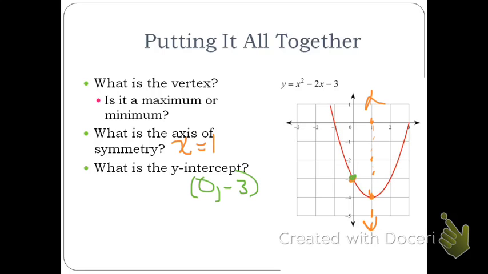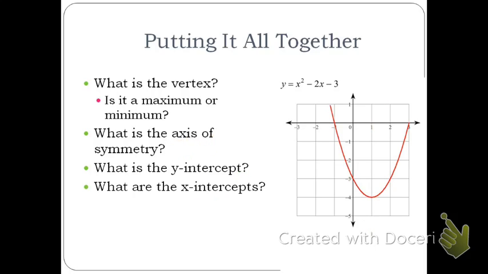Sorry, my pen kind of covered up the number there. And what are the x-intercepts? The x-intercepts are where it crosses the x-axis, or in other words, where y is equal to 0. There's 2 of them. So when y is equal to 0, x is equal to -1 and +3.